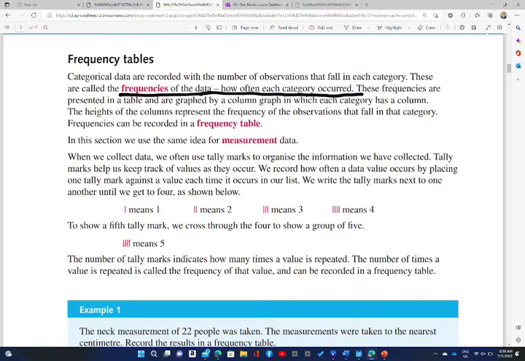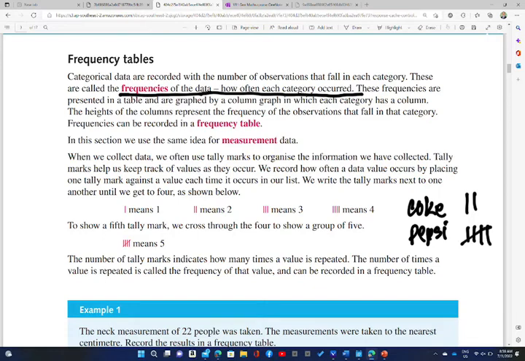Now, the first thing is you're going to use a tally. Say, for example, I ask different people a question and 4 people respond. I asked, would you prefer Coke or Pepsi? One person preferred Coke, another preferred Coke, then the next 3 preferred Pepsi. A tally. You've done this before. What happens if I get to 5 people who like Pepsi?